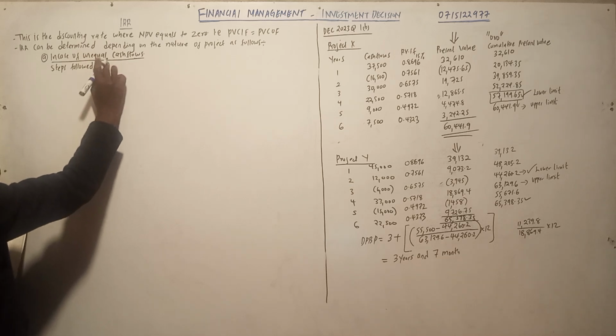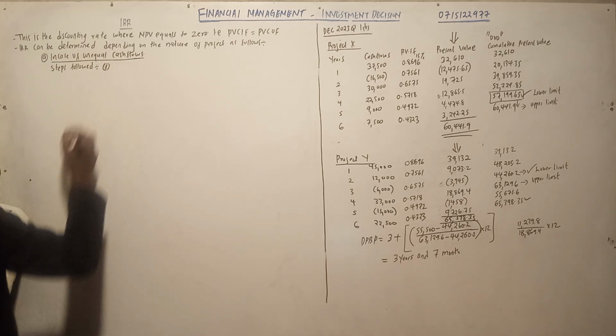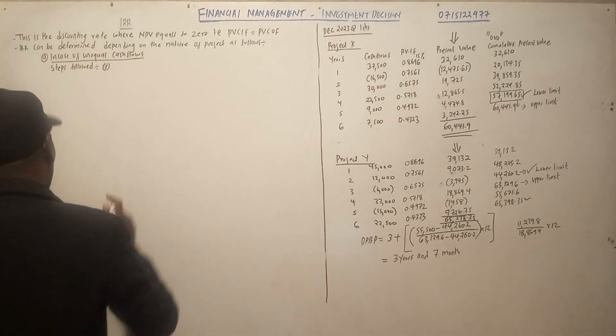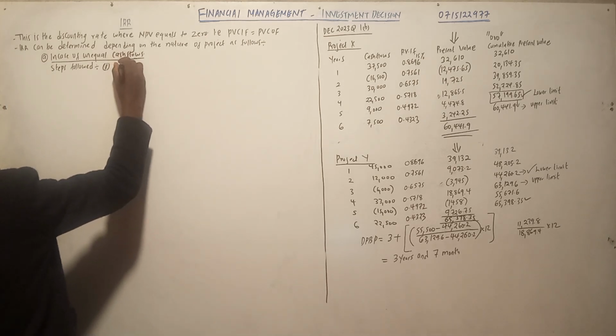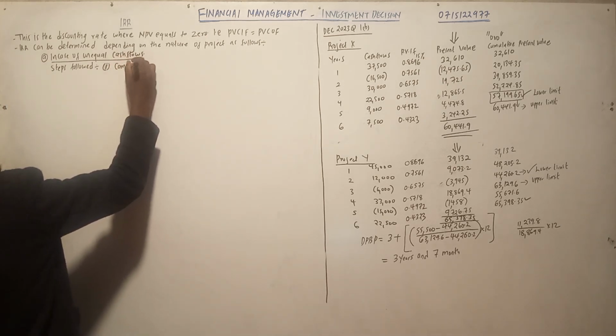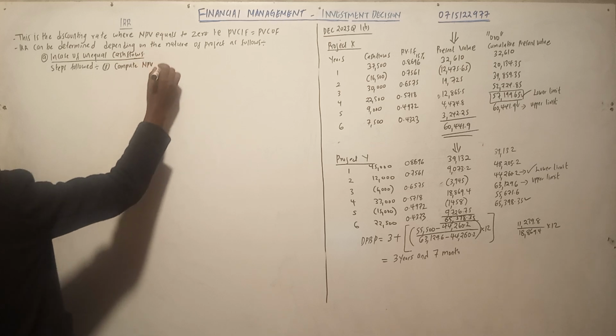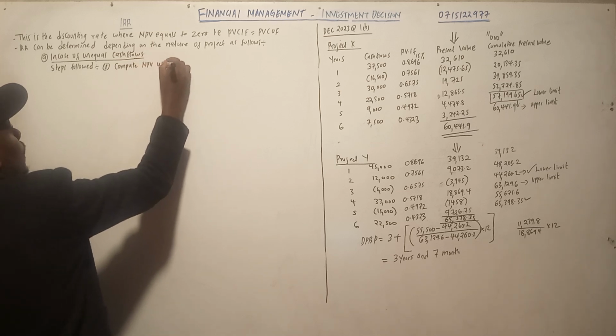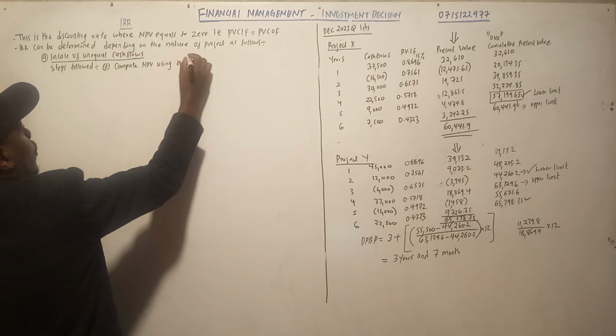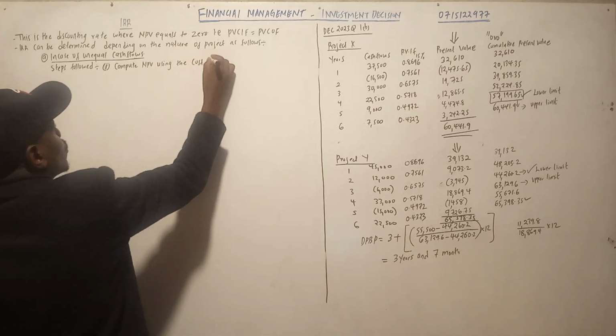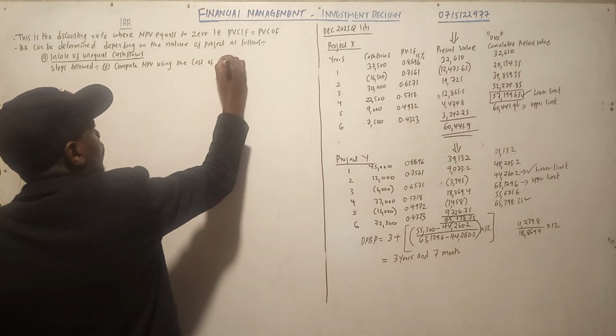Number one, compute NPV using the cost of capital provided.